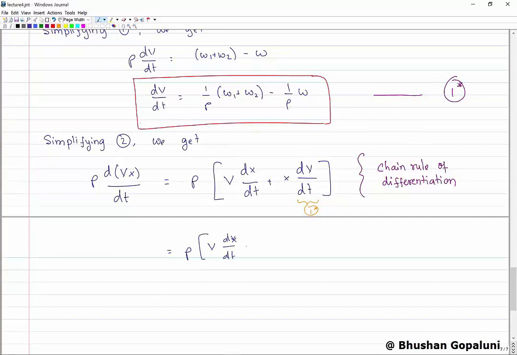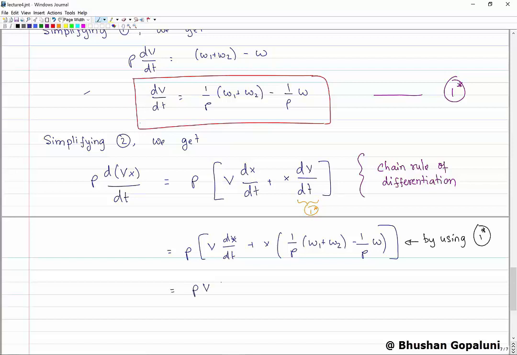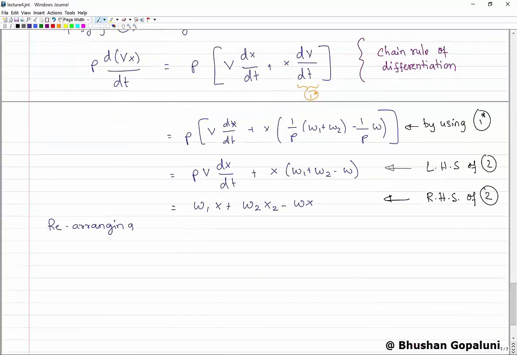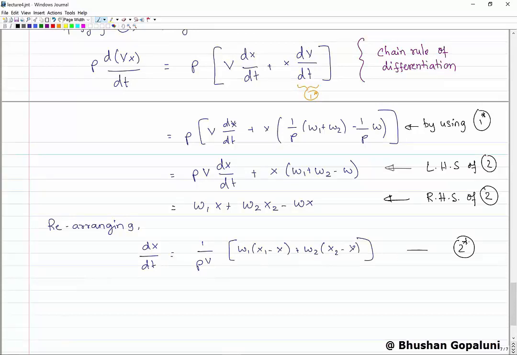However, volume V and X are both considered to be variables, and therefore that derivative has to be simplified using the chain rule of differentiation. Once we do that and rearrange the different terms in the second equation, we get a simplified expression that includes only the derivative of concentration X and does not include the derivative of the volume.